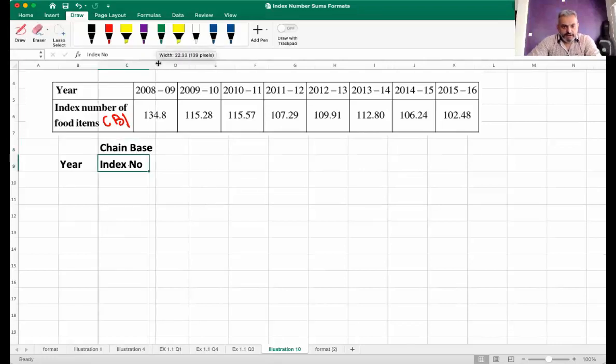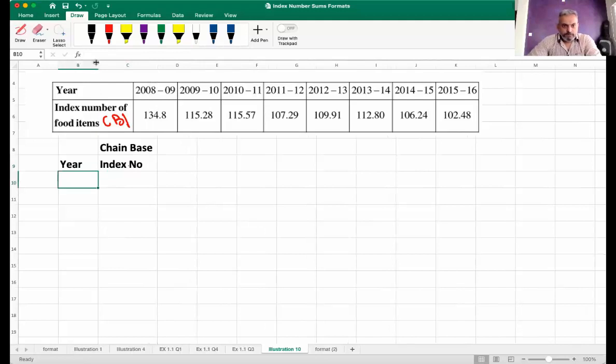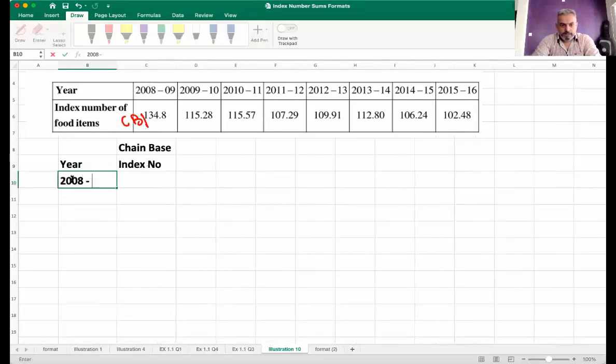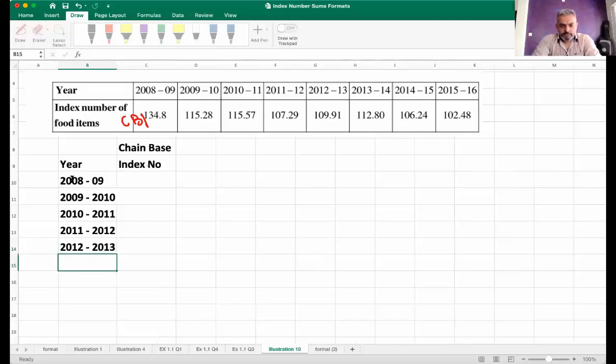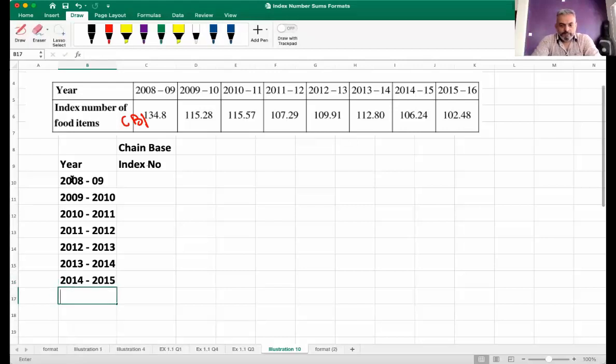So we have chain base index number for the years 2008-2009, 2009-2010, 2010-2011, 2011-2012, 2012-2013, 2013-2014, 2014-2015, 2015-2016.